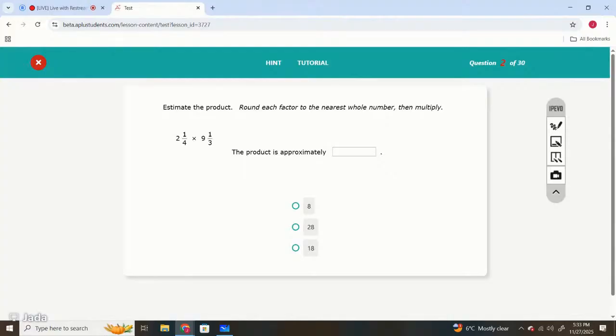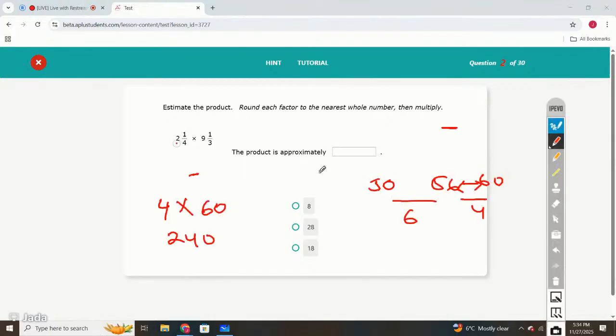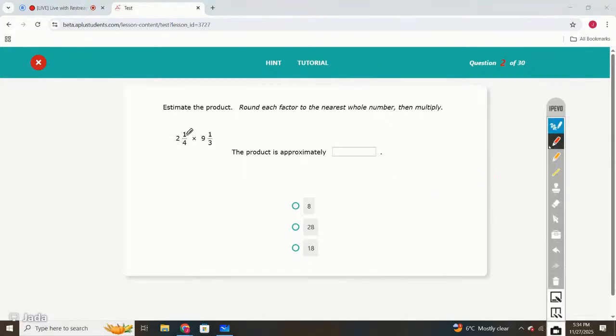Estimate the product. Round each factor to the nearest whole number and then multiply. We need to round both the numbers to the nearest whole number. So 2 whole 1 by 4. Again, just one portion is colored out of 4. So we need to round to the same whole number. And for the 9 whole 1 by 3, only one portion is colored out of the 3, so that is less than half.